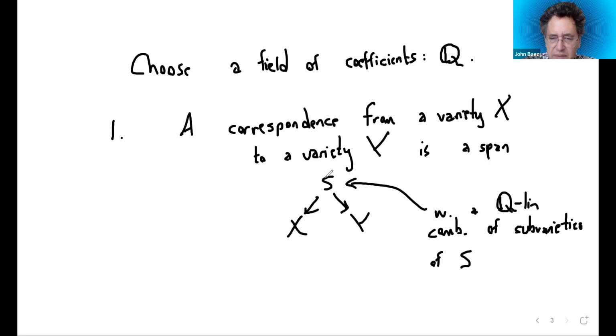These subvarieties have to have the right dimension. Actually, no, sorry, I want to mod out by the equivalence relation.